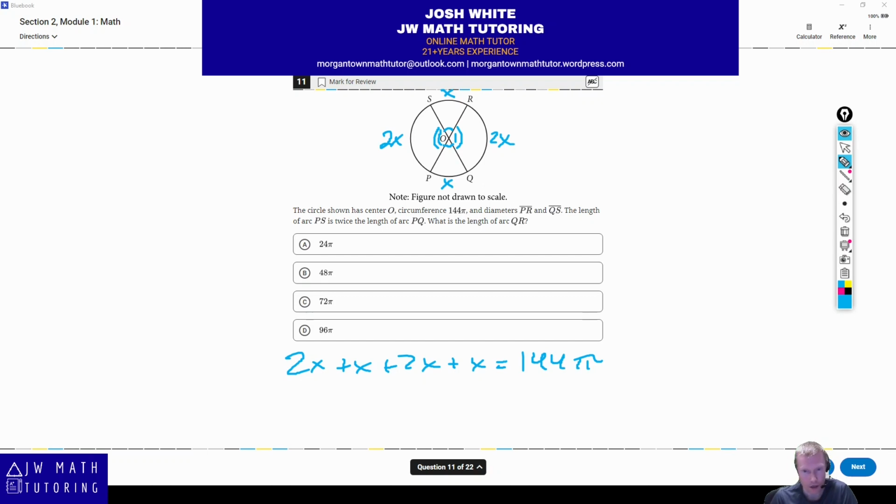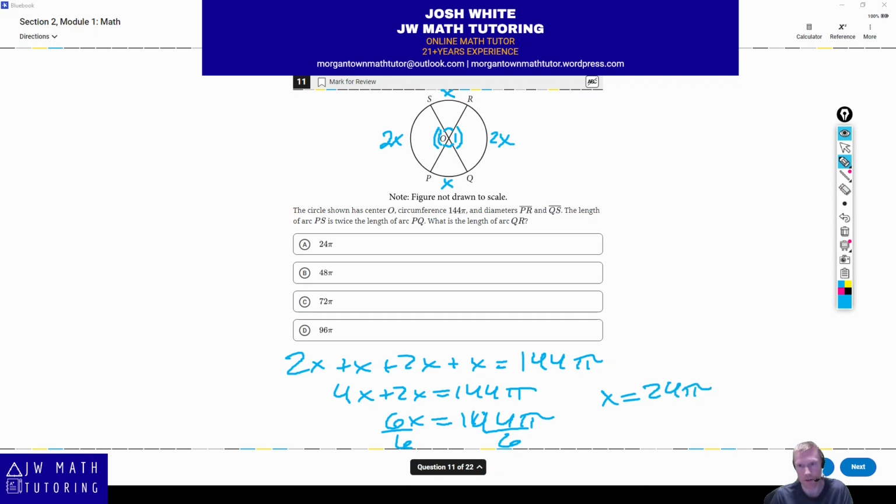And then we're going to get 4x plus 2x equals 144 pi, or just combining them all, 6x equals 144 pi. Just divide both sides by 6. And for the value of x, if you don't know what 144 divided by 6 is, it's just going to be 24. You could, again, go to the calculator on screen and do it on there. So correct answer is going to be letter A.